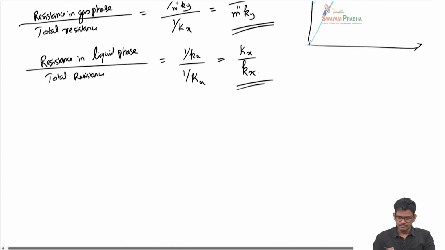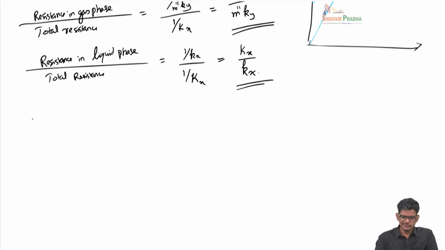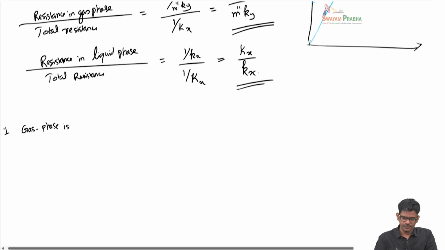Now, based on this equilibrium line slope, once we understand where the major resistance lies, we are able to say, for example, if the gas phase is controlling, then this Ky is very similar to small ky, right?